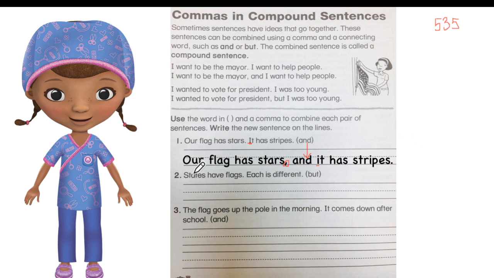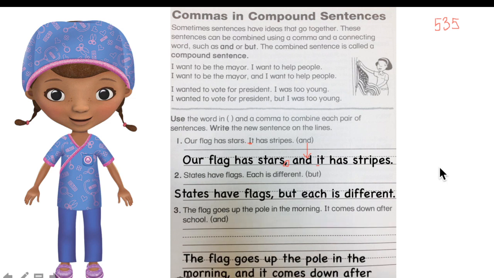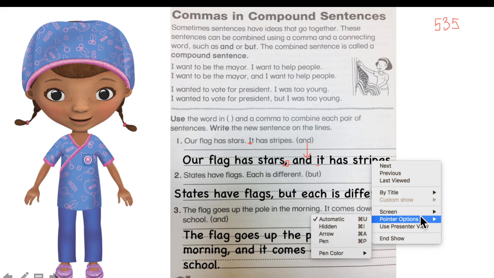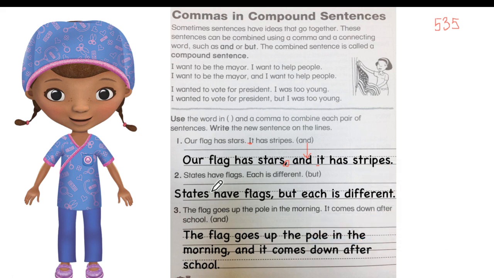Next one, states have flags. Each is different. Use the conjunction word but to join these two sentences into the compound sentence. How will you do it? Simple. Once again, sorry, I pressed the button and you have the answers.